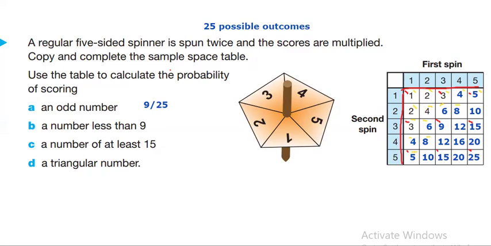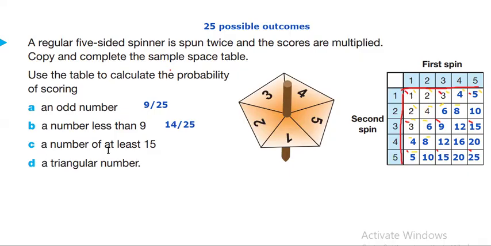So we have 14 numbers which are less than 9. Make sure that you don't count the 9 because they said less than 9. If they say at least 9, it means you have to count it. For example, at least 15, you count 15 and above. So focus on this. As we said, less than 9 is 14, and the total is 25, so 14 over 25.